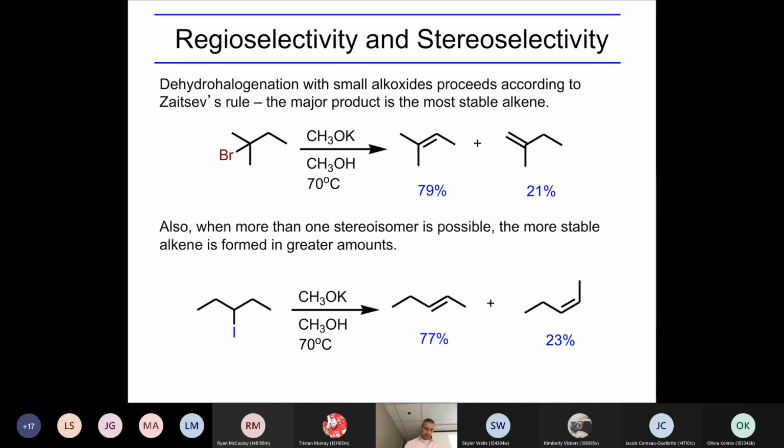So if you have chloride and you have a hydrogen that's beta, and you have a small alkoxide like ethoxide, you can do an elimination.